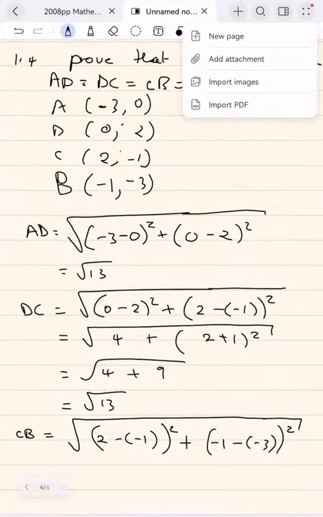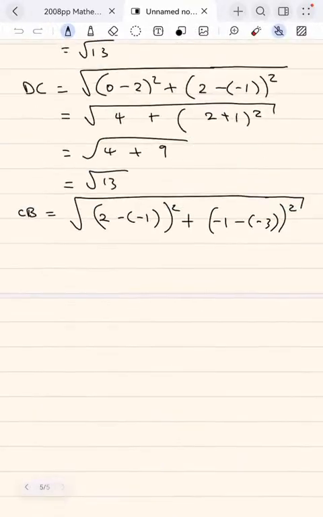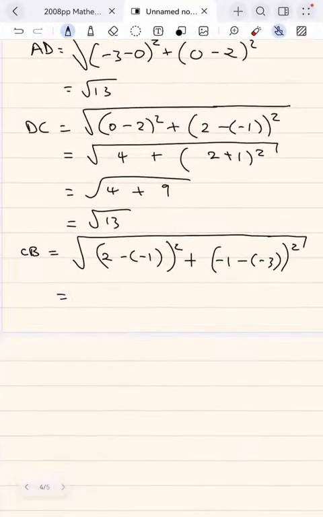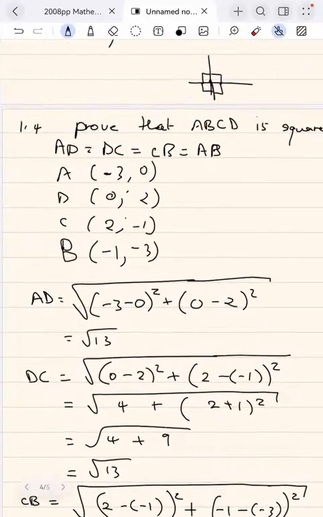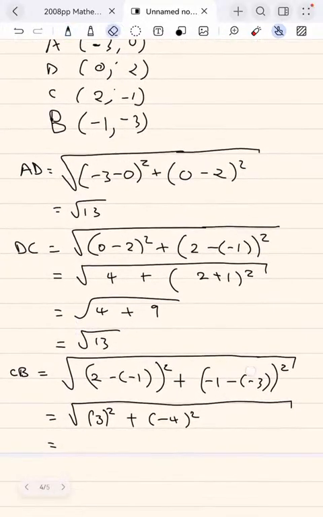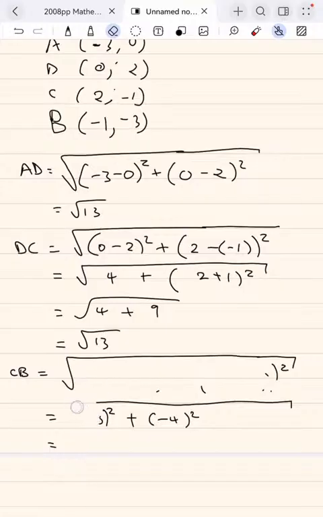Is equal to the square root of 3 squared plus this and this, and that is going to be minus 4 squared. Whoa, am I making a mistake here? CB. Okay, I made a mistake somewhere. Let's remove all of this. Let's try it again.